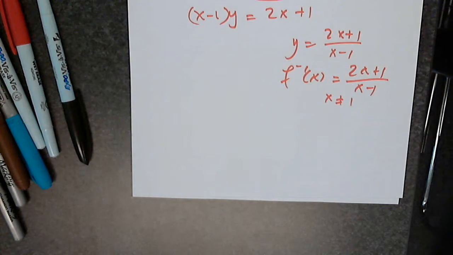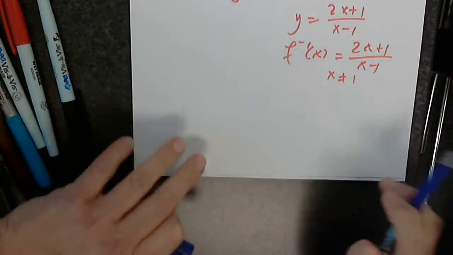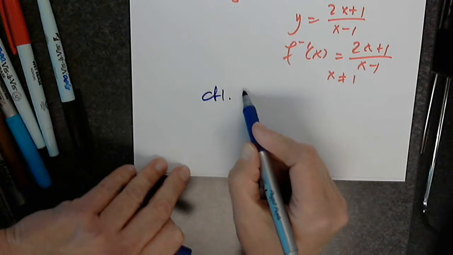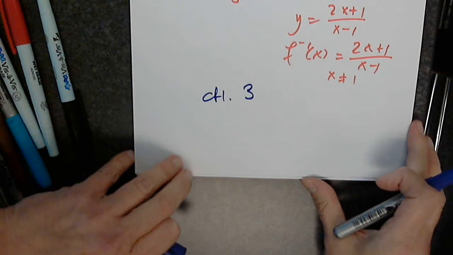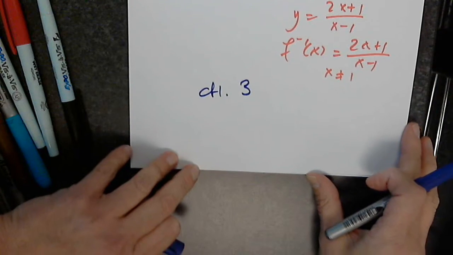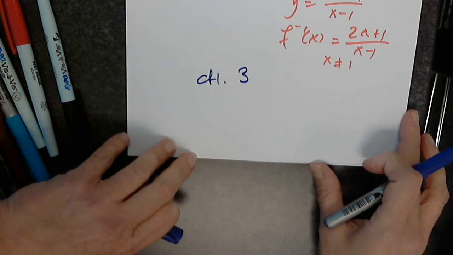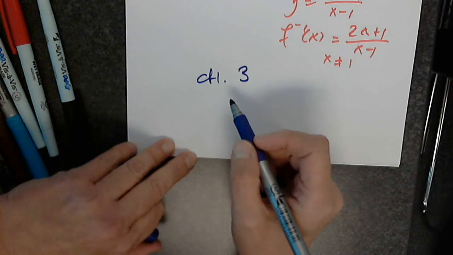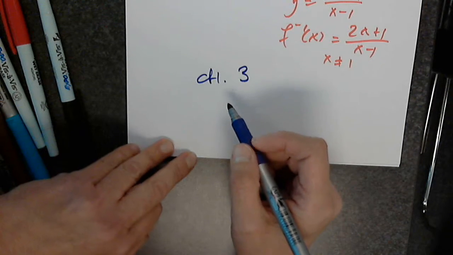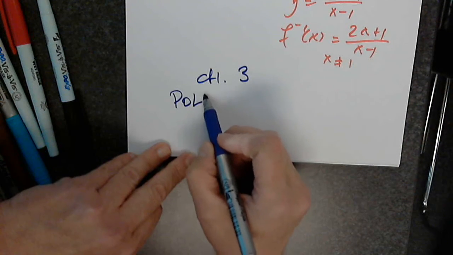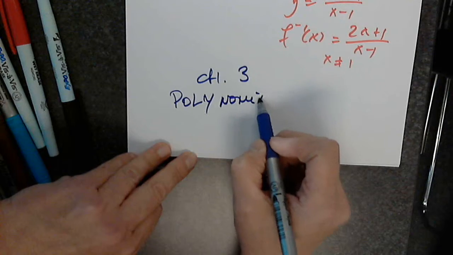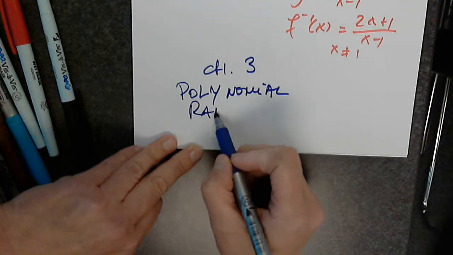Okay, so we're back now to chapter 3. So we continue with chapter 3. Any questions? So in chapter 3, we will look at 2 different types of functions: polynomial and rational.